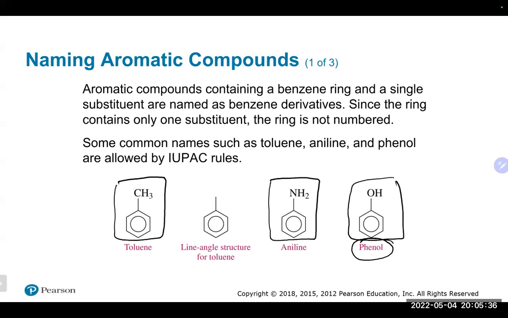If you wanted the non-historical name, that is a methyl group attached to benzene, so that would sometimes be referred to as methylbenzene. If you had some type of chloro group on top of there, it would be chlorobenzene.